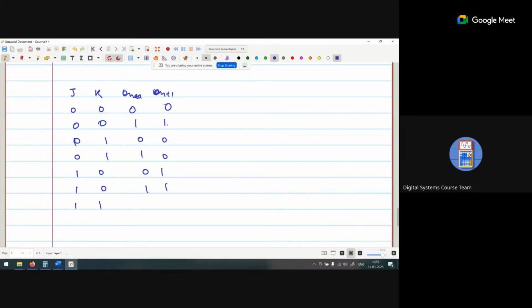And when J K is 1 1, it toggles: Qn 0 becomes 1, and Qn 1 becomes 0. Okay, so with the help of this, can I draw the excitation table?